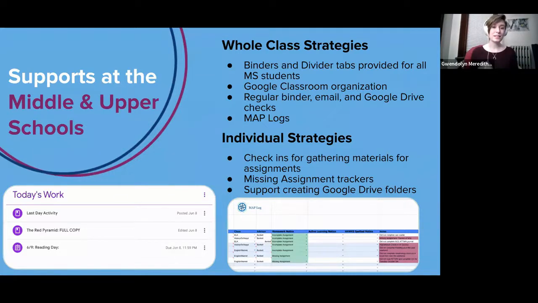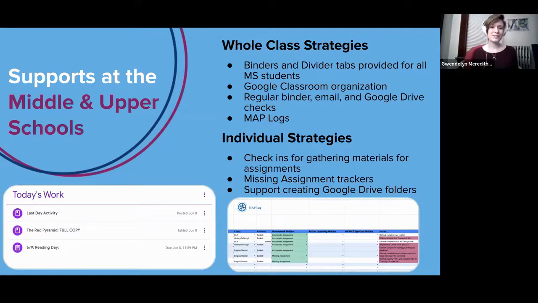In the middle school, as we mentioned, we mostly are using Google Classroom, but then we also do have physical binders that we have for students where we work with them to use their tabs and make sure that their homework is always in the homework section of their binder and their vocabulary might be in the vocabulary section of their ELA tabs, while their written work might be in their writing section there.